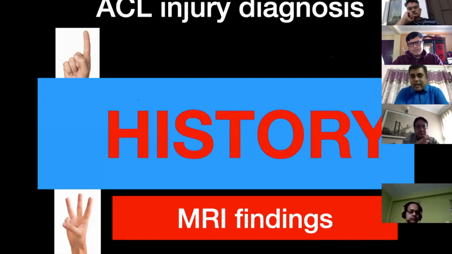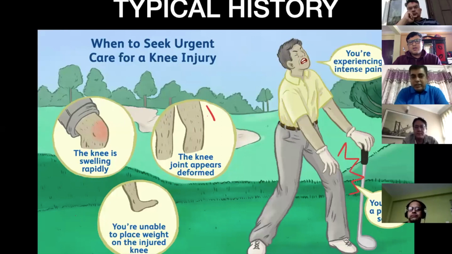Besides that, whether the leg was giving way at the time of injury, he was unable to continue with that particular game, whether there was massive swelling, or whether a pop sound was heard. Out of these 4 criteria, if there are more than 2, then we suspect that probably an ACL injury is there.